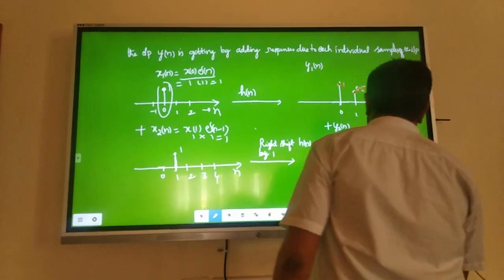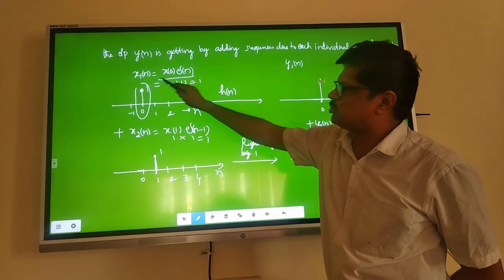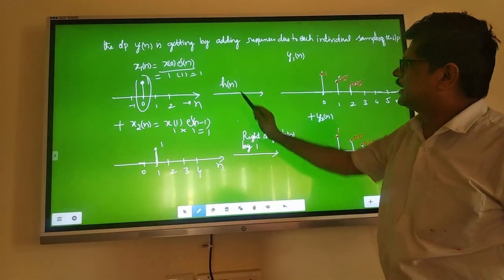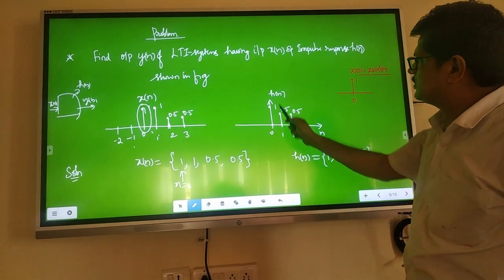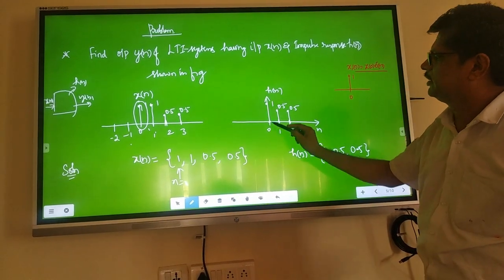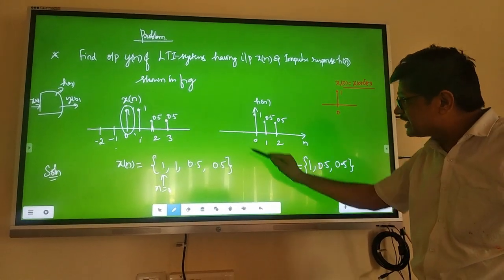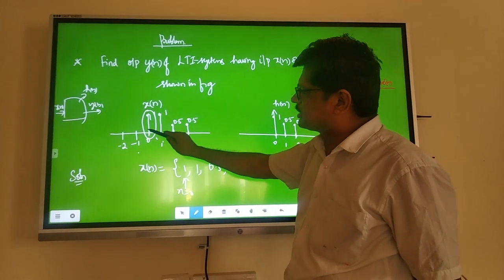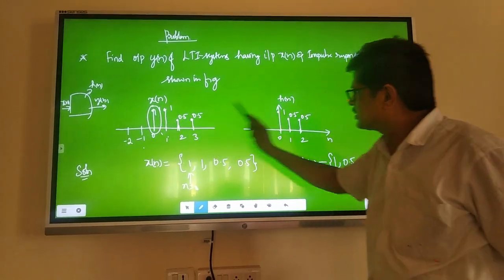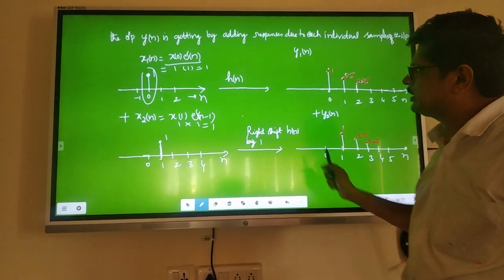Now go to the right hand side. For the first case, x1 of n, after writing the first individual sample of input, then write h of n. What is h of n? H of n is this: 3 samples are there, 1 at 0, 1.5 at 1, 2.5 at 2. Now take this h of n and multiply it with the individual sample to get y1 of n.